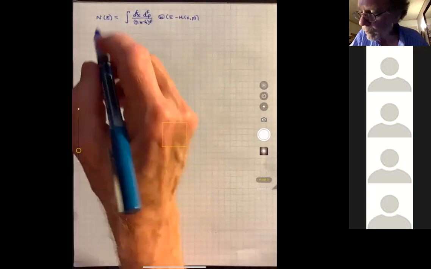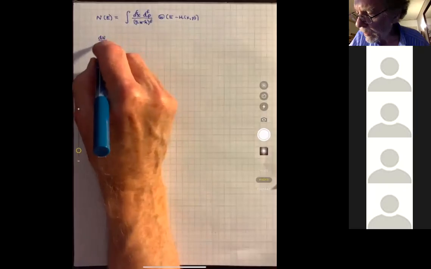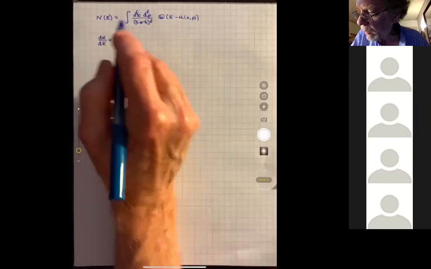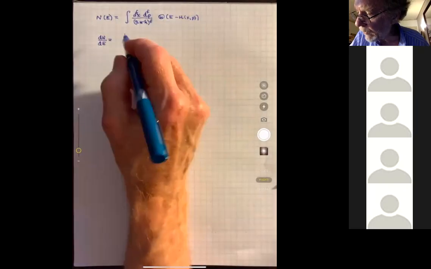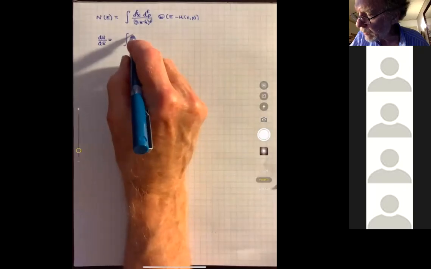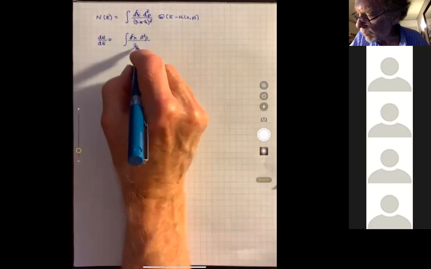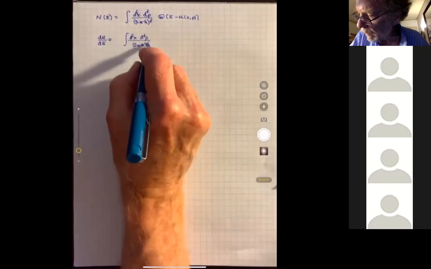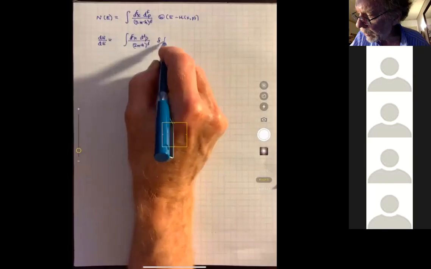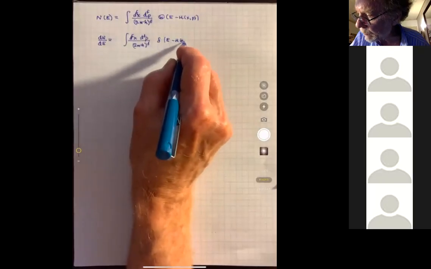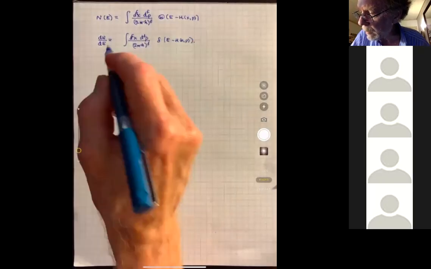All right. Now then, to get the density of states, you see the only energy dependence is right there in the theta function. So this becomes an integral d^f x d^f p over the same normalization 2 pi h bar to the f of a Dirac delta function now of energy minus h of x and p, like so.